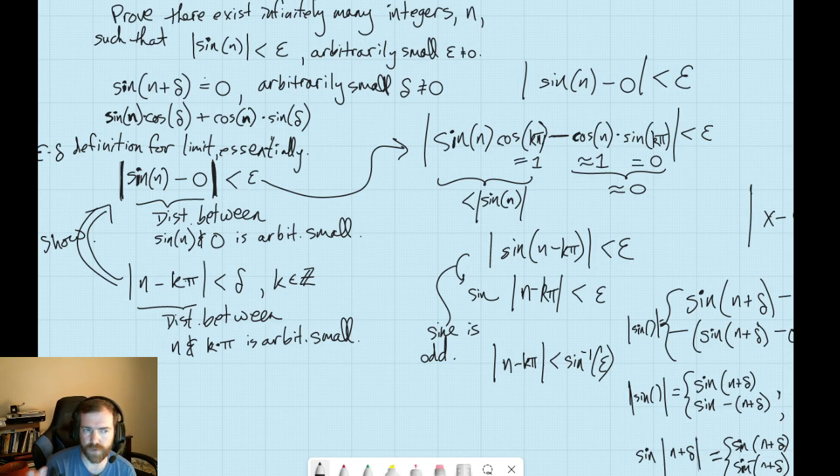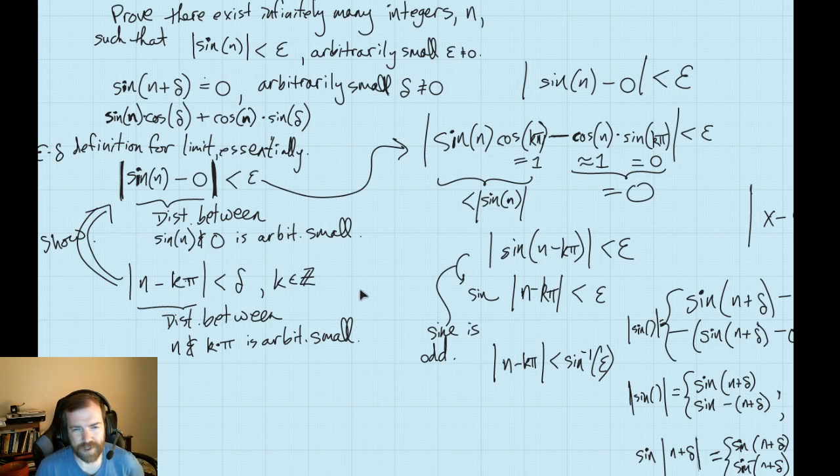Right, it equals 1 here, it is equal to 0 there. So this is literally equal to 0. Sort of. I mean, yes, but at the same time.